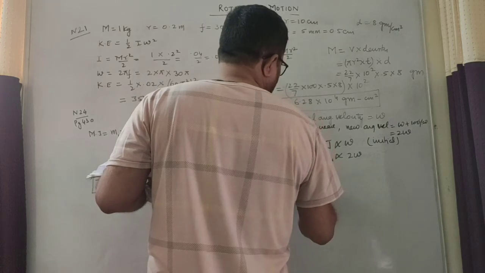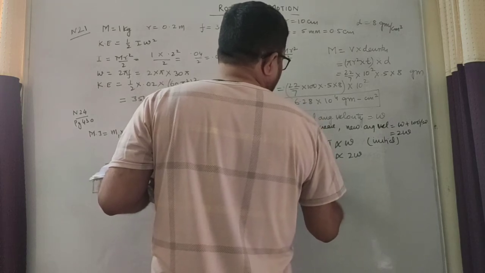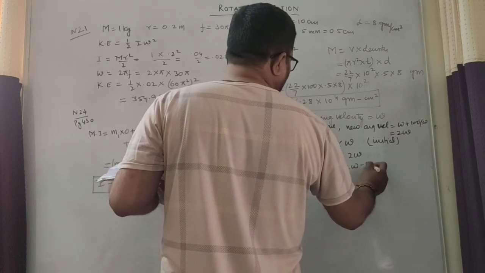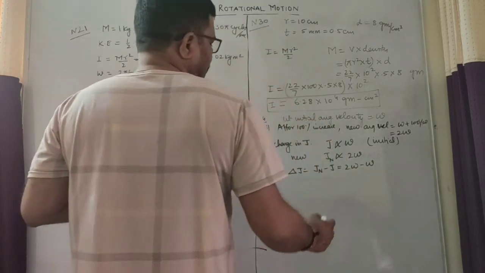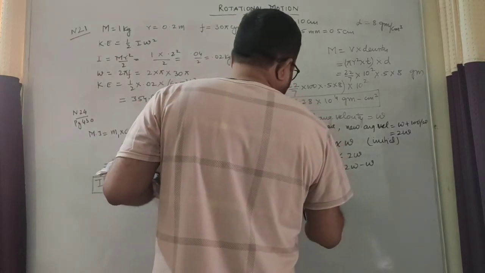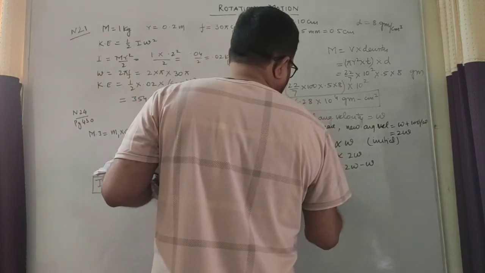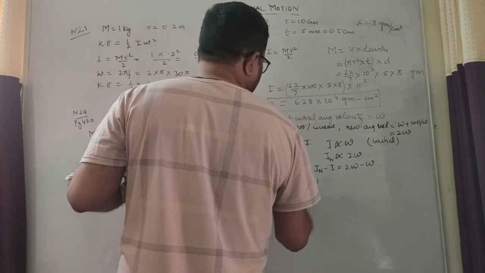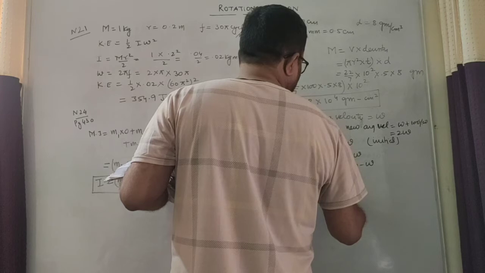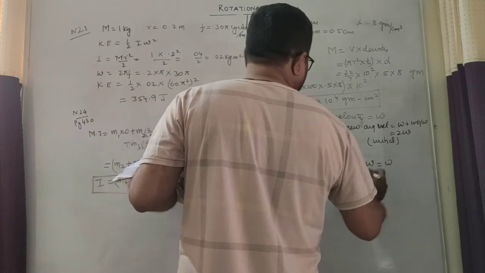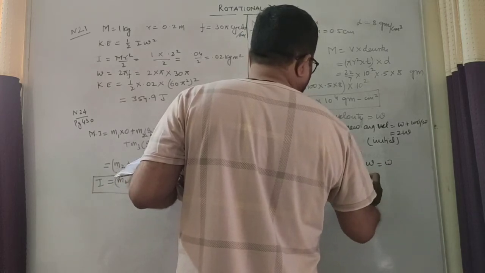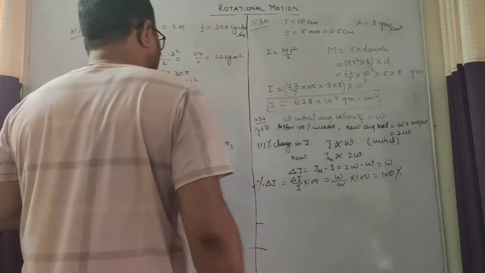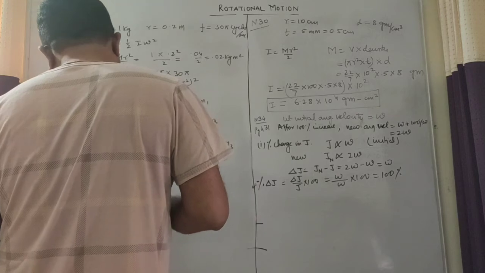Now the change in angular momentum, Jn minus J, is 2 omega minus omega, and then delta J by J into 100, which is the percentage change in angular momentum, equals omega upon omega into 100, which is 100%. So the change in angular momentum will be 100%.